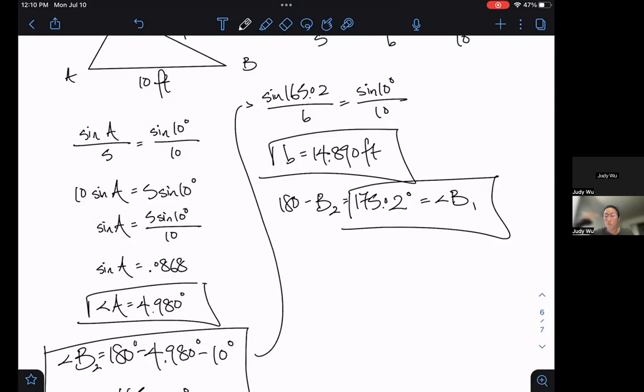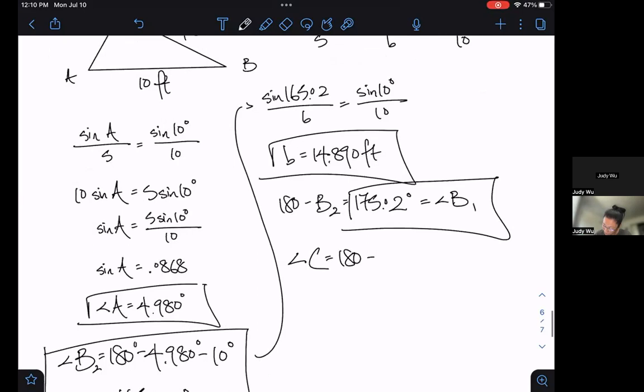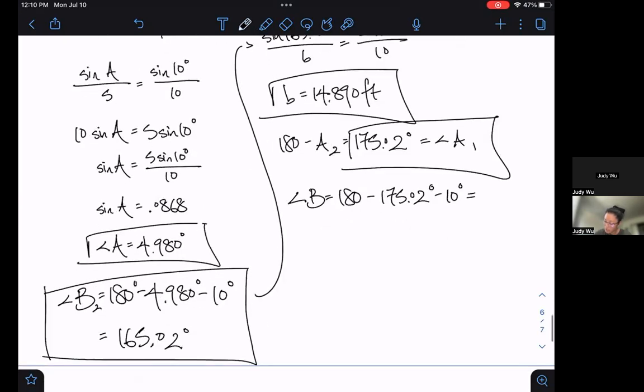But let's see what happens here. To find angle B, I do 180 minus 175.02 minus 10. And folks, we get a negative number.